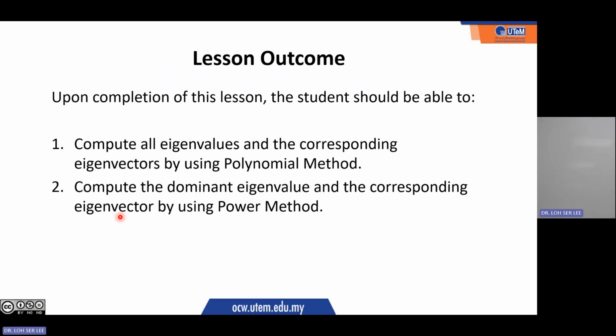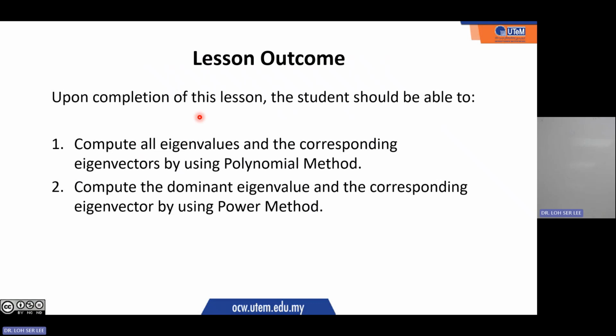For an n by n matrix, there are n eigenvalues. For example, for a 3 by 3 matrix, we have 3 eigenvalues. Each of these 3 eigenvalues has its own corresponding eigenvector, one eigenvalue with one eigenvector.